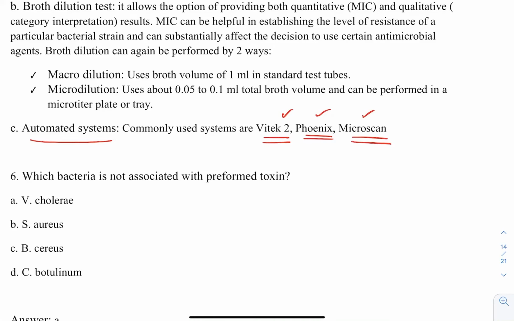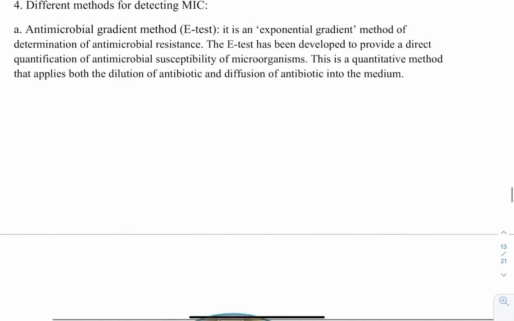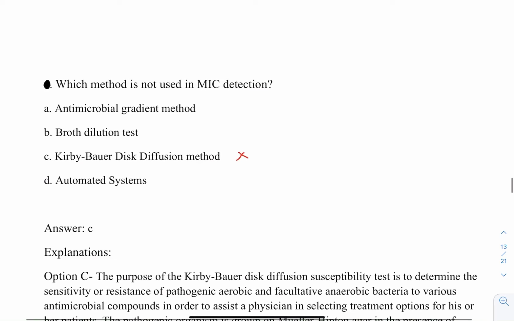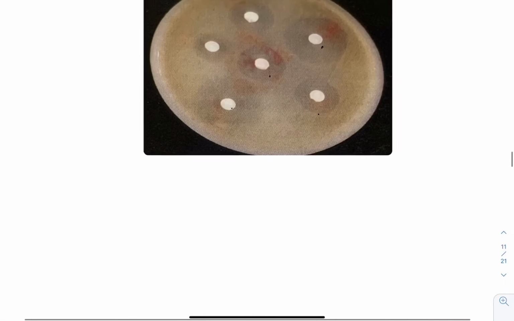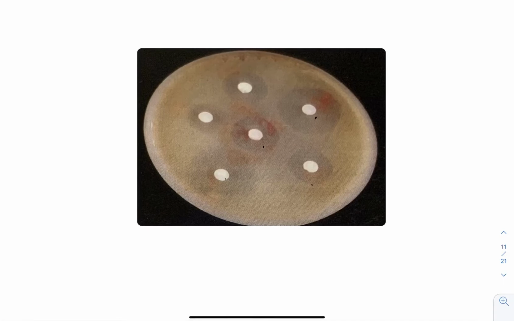So the question of ours was, which of the following does not determine the MIC? So the answer is, MIC is not determined by the Kirby-Bauer disk diffusion method. I will make a separate video for this Kirby-Bauer method, but just for the instance I will show you this picture. This is Kirby-Bauer disk diffusion testing, that is KBDT. Disk diffusion testing also they say, so you can remember KBDT.